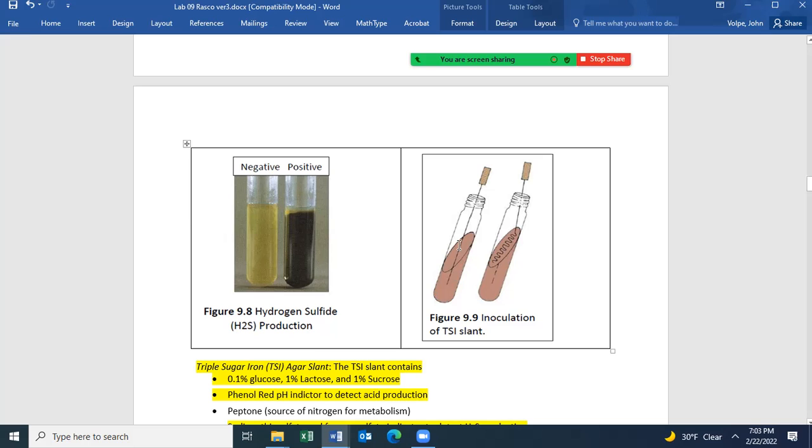And then you take the needle out, and then you pick up fresh bacteria. You just roll it in the colony, and then you inoculate the surface of the slant in an S-like, snake-like fashion. And this is where you're looking at the bacteria growing aerobically.